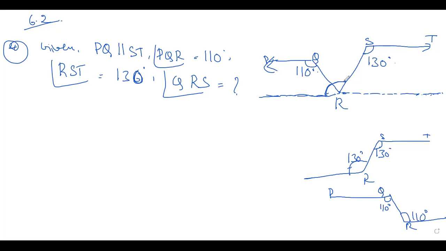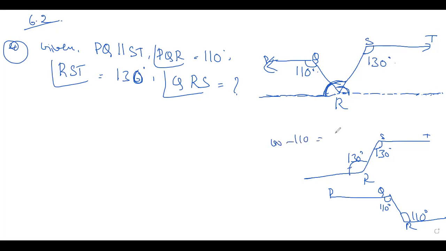Is it understood? Here this full angle is 130 and on this side these angles are 110. So how do you find out those two? And one more thing, you know that it is 110 another. What is the sum of these two angles? What is the sum of these two angles, children? It is 180, right?